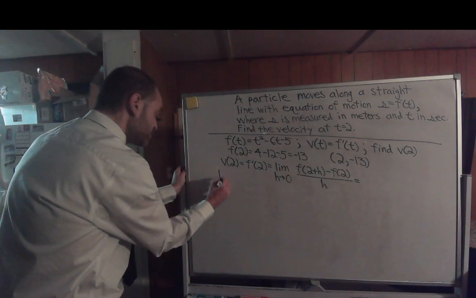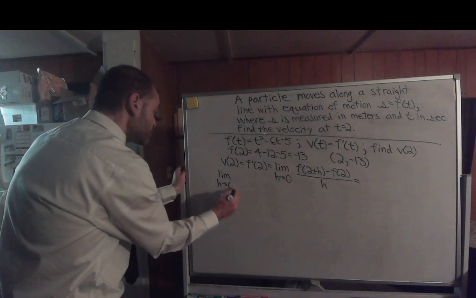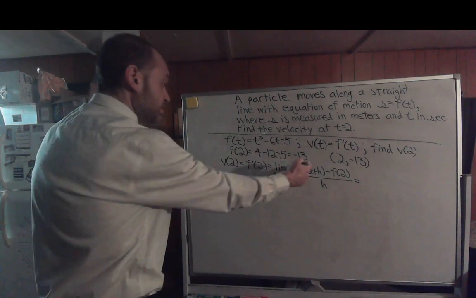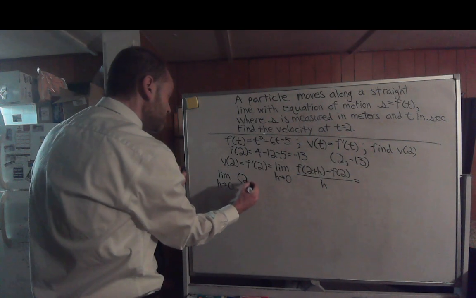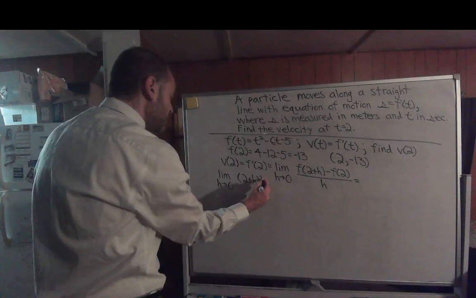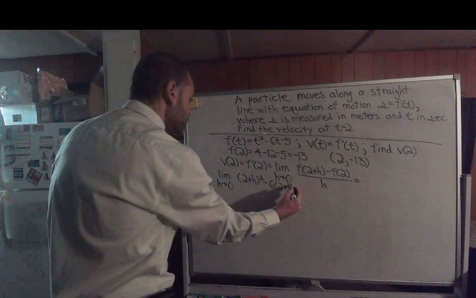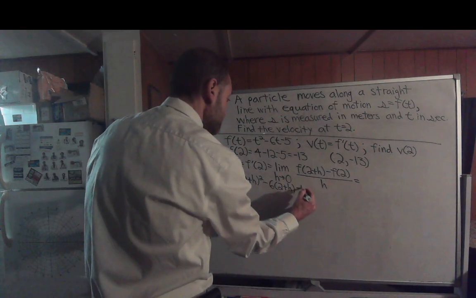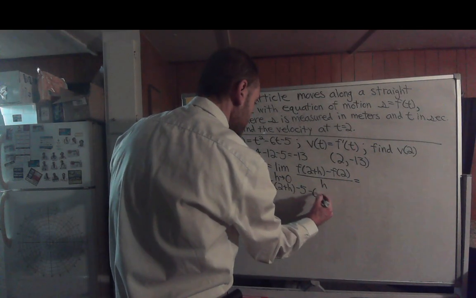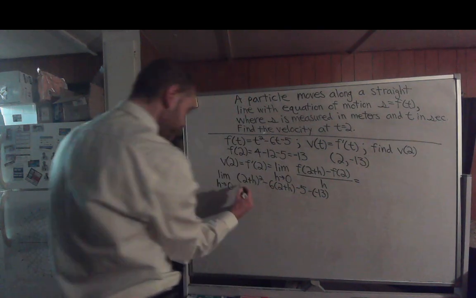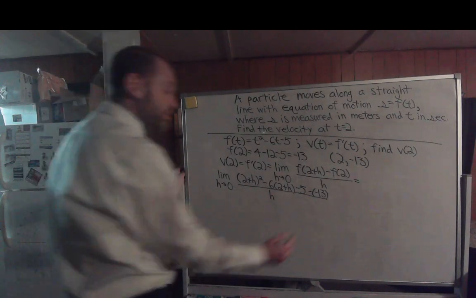So this would turn into the limit as h approaches 0 of 2 plus h quantity squared minus 6 times 2 plus h minus 5, all that minus your f of 2, which is minus negative 13, all over h.